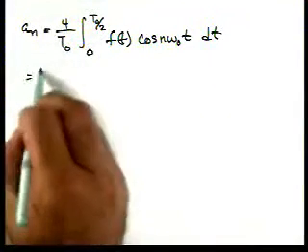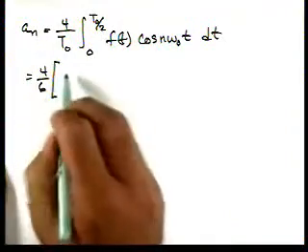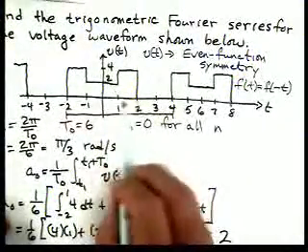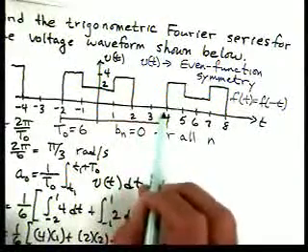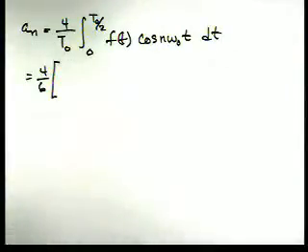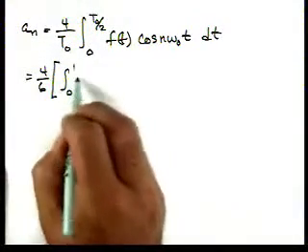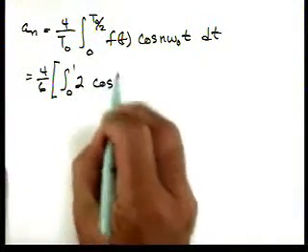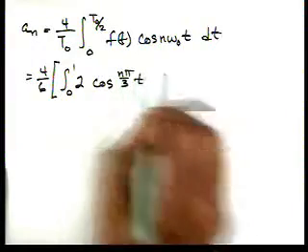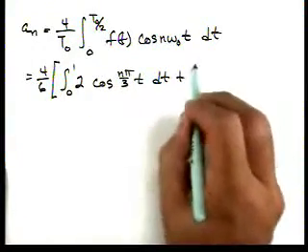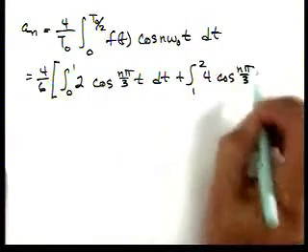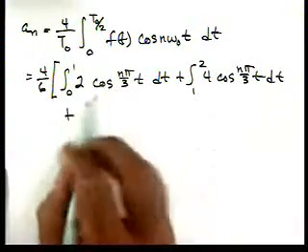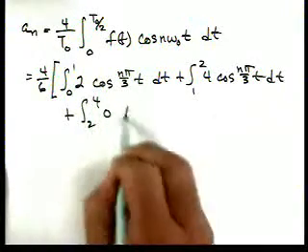So we have 4 over 6, and looking at our function, from 0 to 1 it has a value of 2, from 1 to 2 it has a value of 4, and after that it has a value of 0. So we take the integral from 0 to 1 of 2 cosine n pi over 3 t dt, plus the integral from 1 to 2 of 4 cosine n pi over 3 t dt, plus the integral from 2 to 3 of 0.